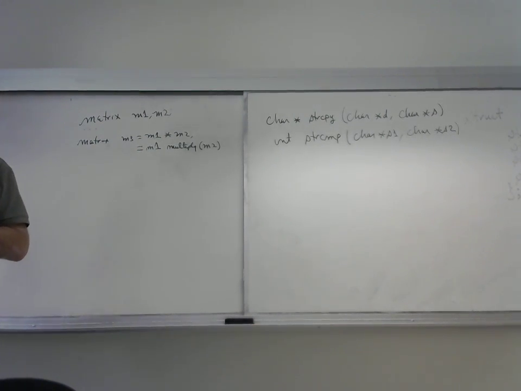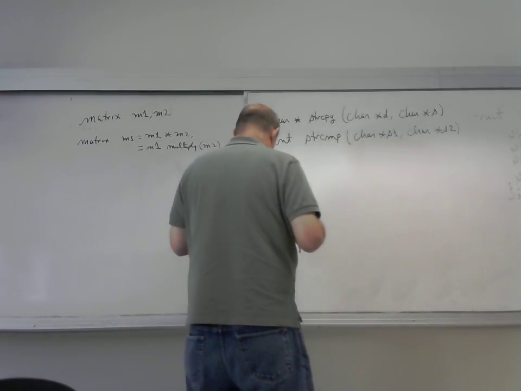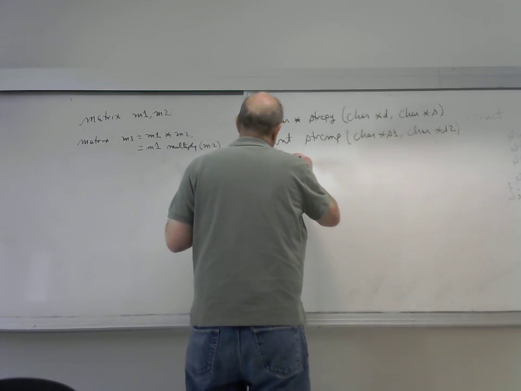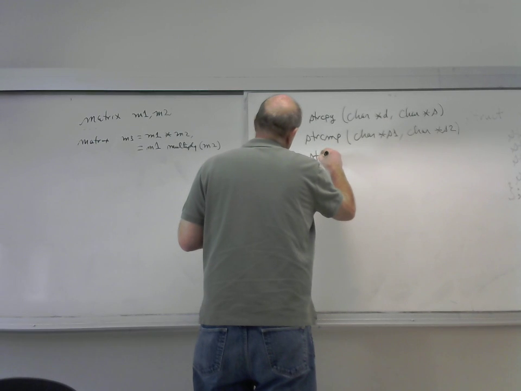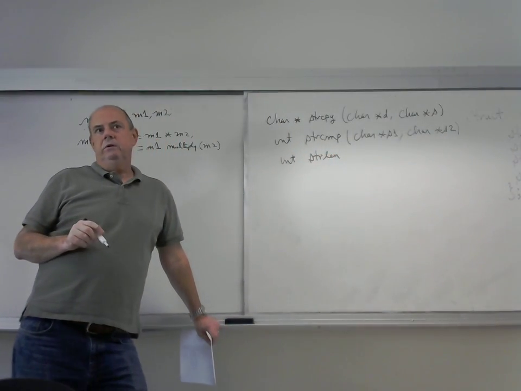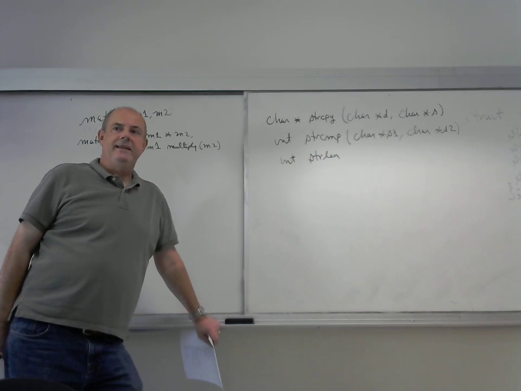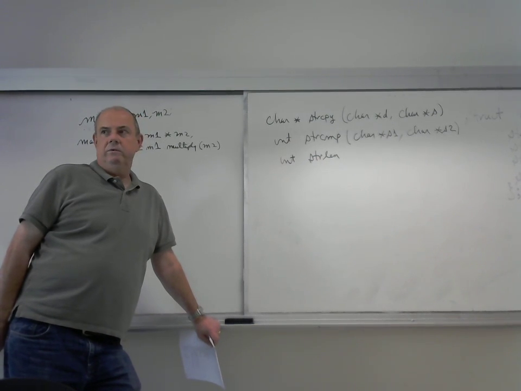Greater than, less than means dictionary order. Notice the return value too is an integer. There isn't a bool or Boolean type in C. So anything that's not 0 is true.